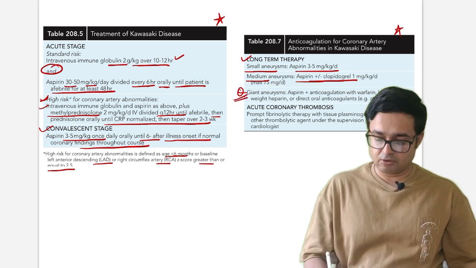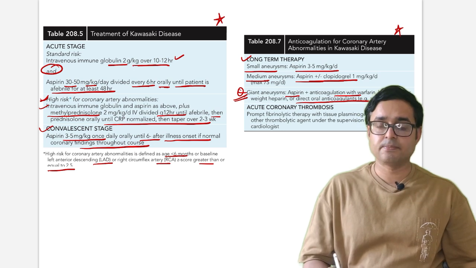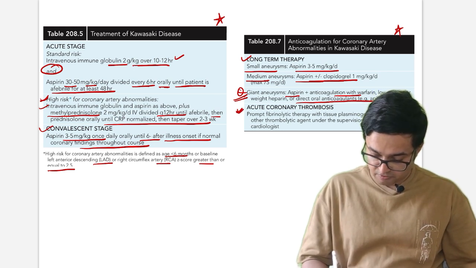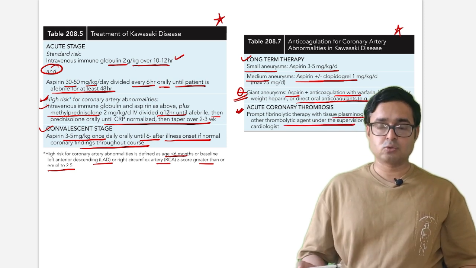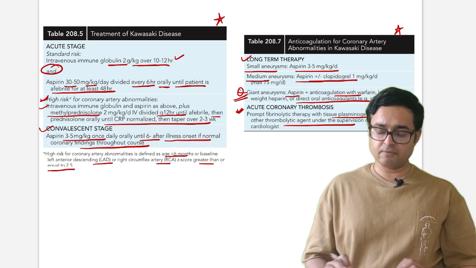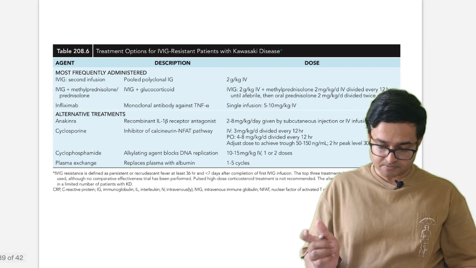In giant aneurysm, you have to give aspirin, anticoagulation with warfarin, low molecular weight heparin, and direct oral anticoagulants. If acute coronary thrombosis is there, prompt fibrinolytic therapy with tissue plasminogen activator and other thrombolytic agents. So this is important. Just go through this once again.